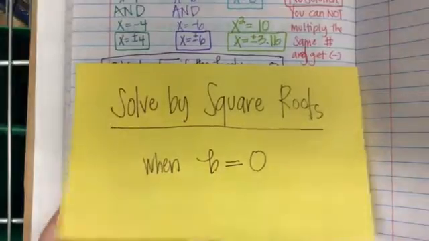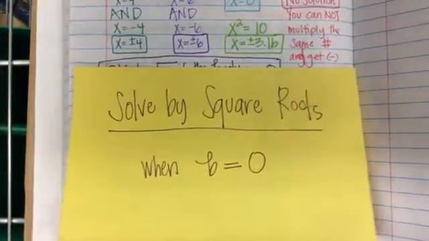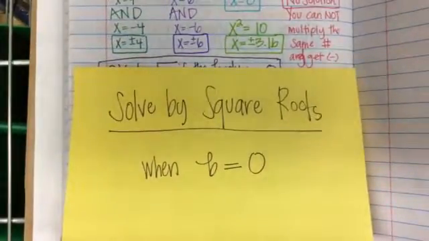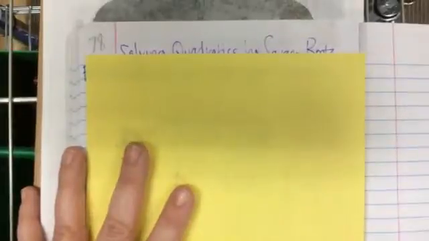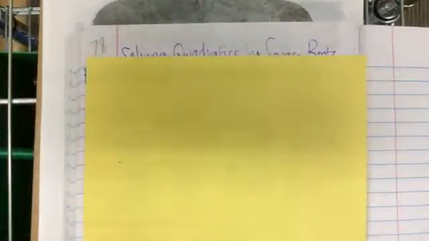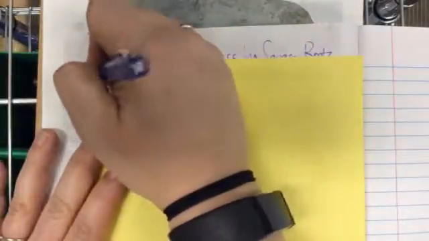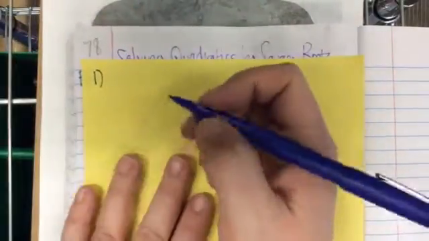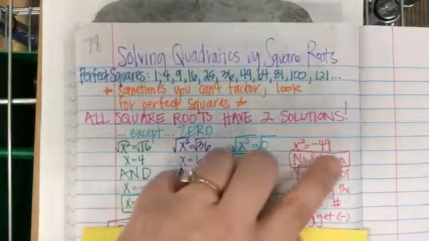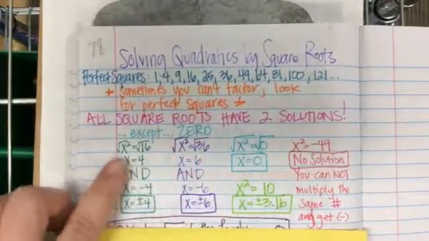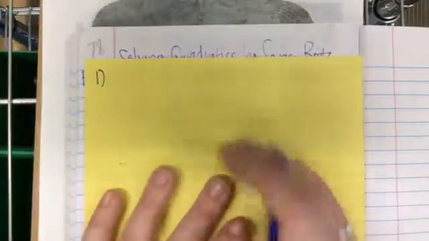Solve by square roots, and this is when b equals 0. And now we'll do our steps. So this is the trick, and this is kind of what Zach was asking for. These problems are a little bit different looking than what we've been working for. And that's because I've already done some work.